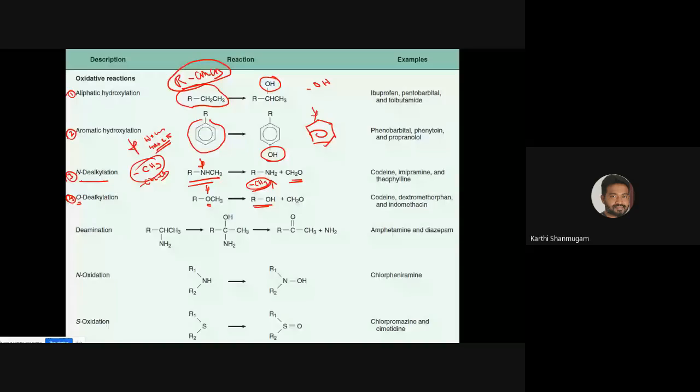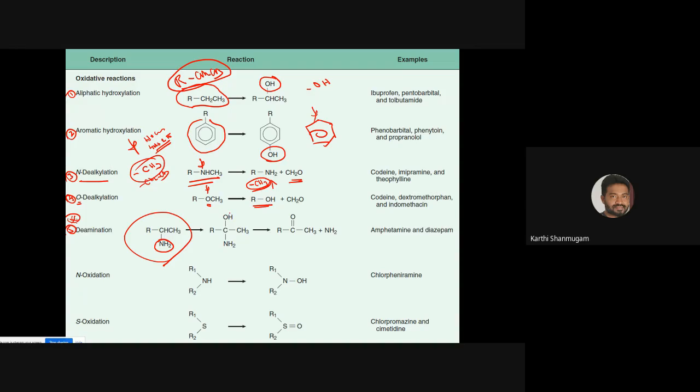And the fifth reaction is deamination, considered one of the very important reactions in phase 1 metabolic conversion. This group is called an amine, the NH2 group. The parent molecule is RCH-CH3 with an NH2 group. It is a two-step process. In the first step, some chemical reactions take place, hydroxylation in this case. There is no OH group in the parent compound.